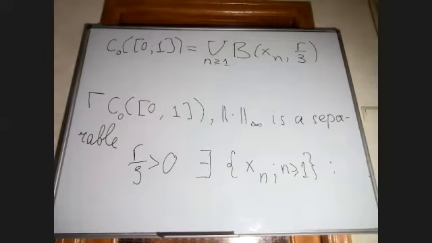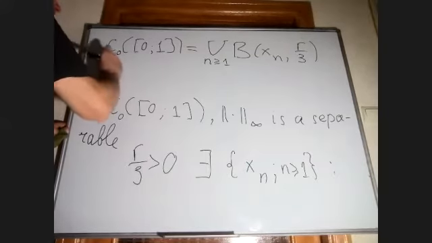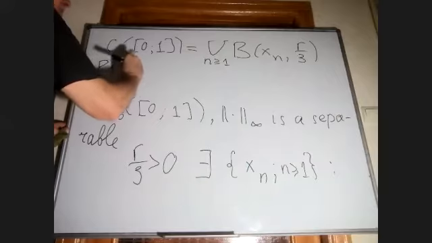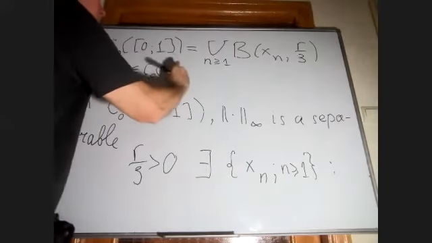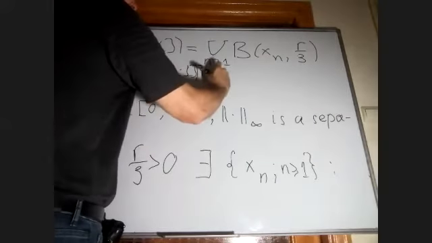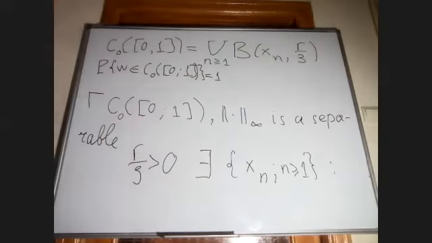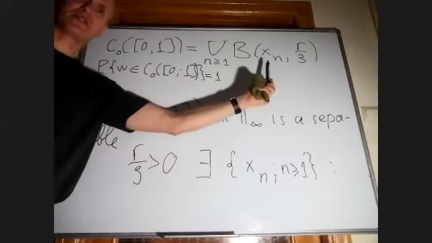Due to this, one can have the following relation. Now, let me recall to you that W is a continuous function. So the probability that W belongs to C_0[0, 1] is 1. Here we have such a representation.